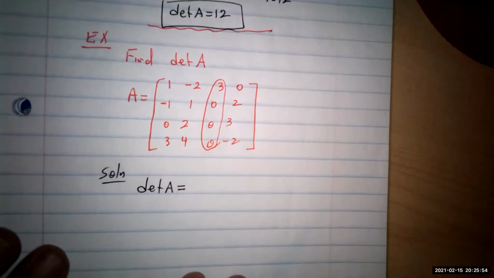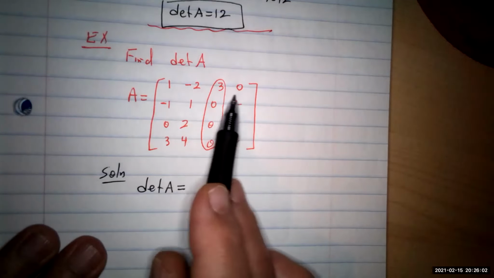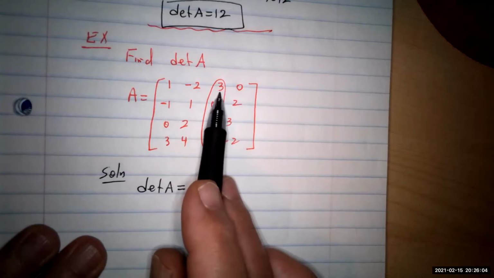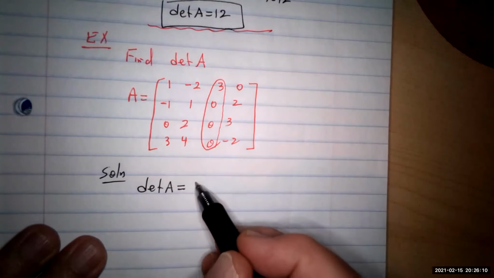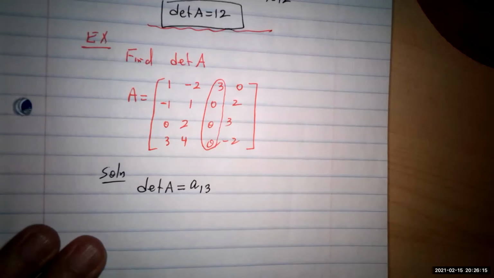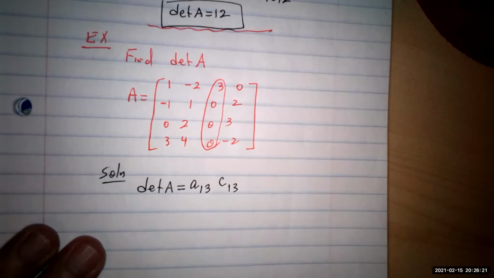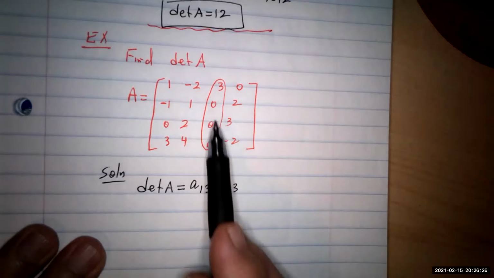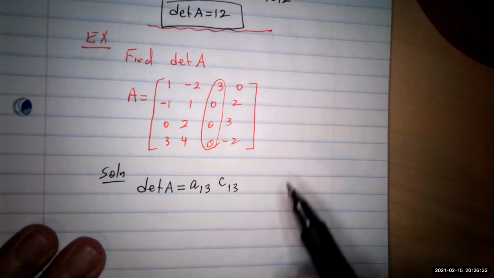So the determinant of A is going to be, you have only one term. This term is the first row and the third column, and this would be times your cofactor, C13, because everything else is going to be equal to 0.